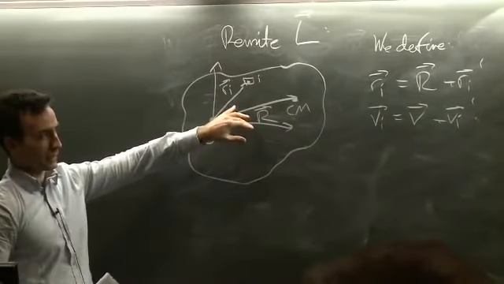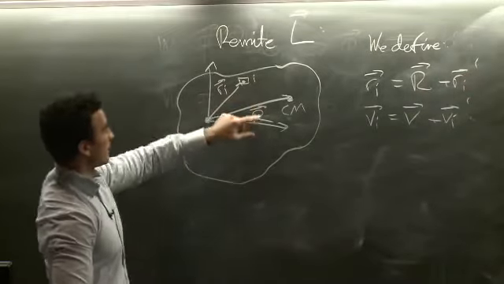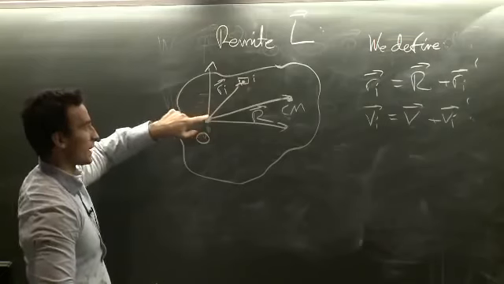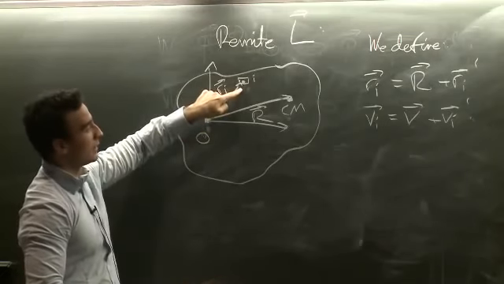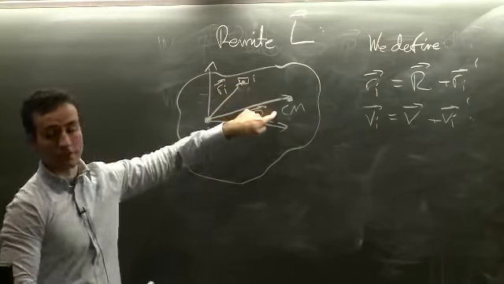We see from the definition that R_i prime is this vector. It's the difference between the position vector of particle i and the position of the center of mass.